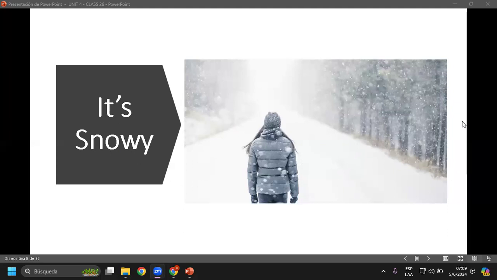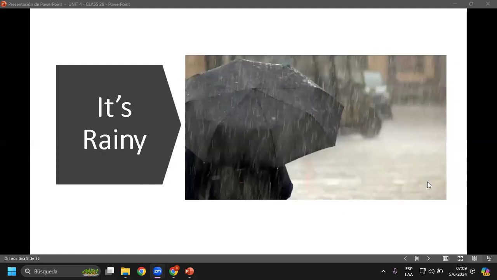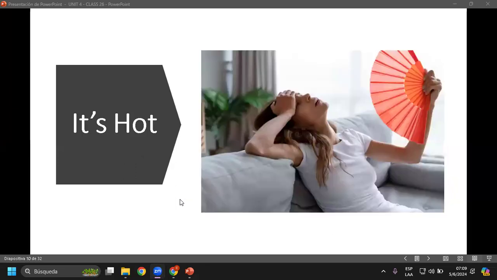Yes, it's snowy. Now, it's rainy. What is the meaning for it's rainy? Lluvioso. Yes, very good. So look at the next one. Oh, it's hot. What is that? Caluroso.